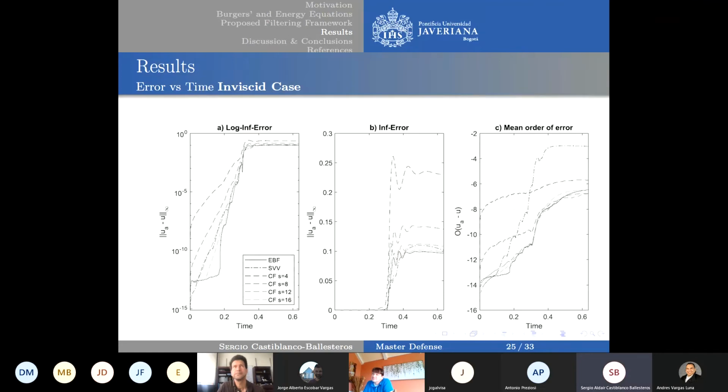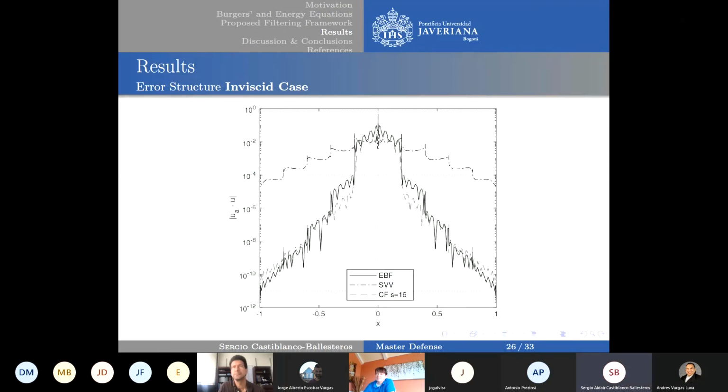Okay, now this plot shows the error structure for the implicit case for the final time step. The proposed methodology is the continuous line, spectral vanishing viscosity of order 1 is the dash-dot line, this right here, and the best classical filtering technique, of order 16, is the gray dashed line.